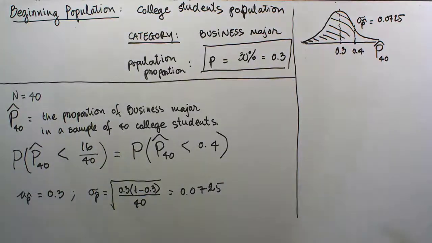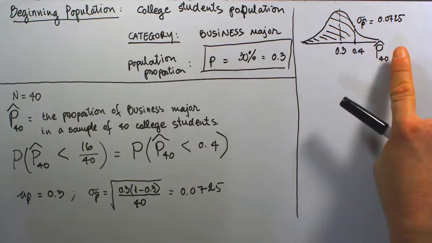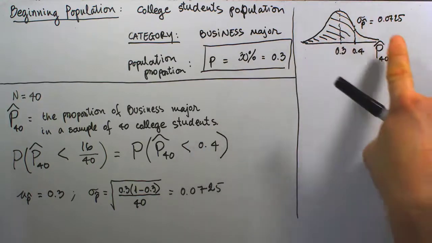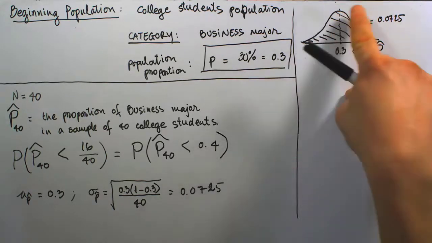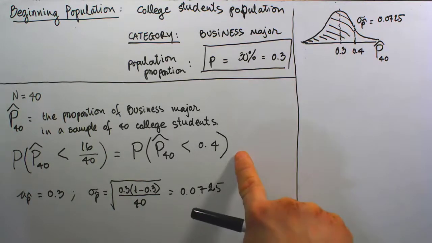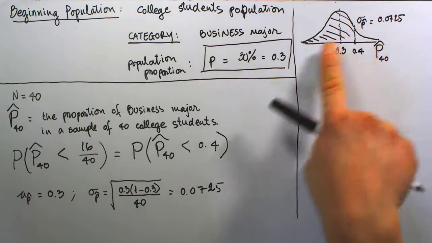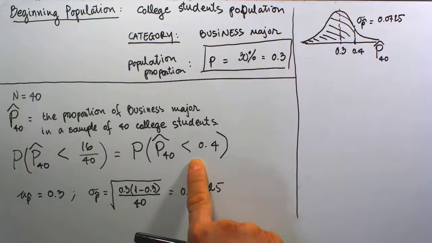Okay, and that's how we're about to handle the problem right here. We think of this population as bell curve data. We imagine that this population can be placed on a bell curve. So measuring this probability is the same as shading the area on this bell curve to the left-hand side, because the problem is indicating less than 0.4.